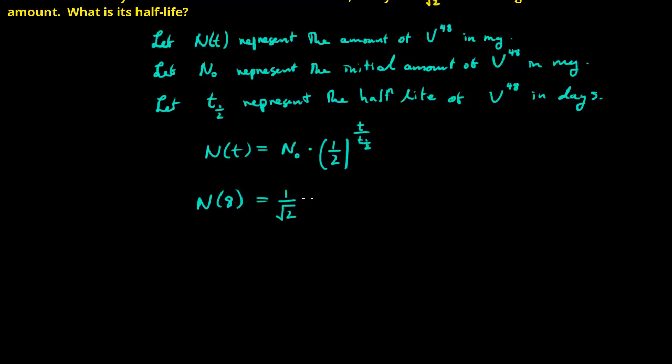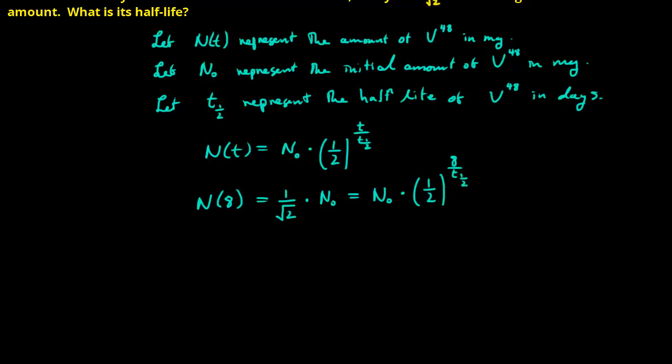So there's 1 over root 2 times the initial amount, which we're saying is this n subscript 0, and that's equal to n subscript 0 times 1/2 to the power of 8 over the half-life.